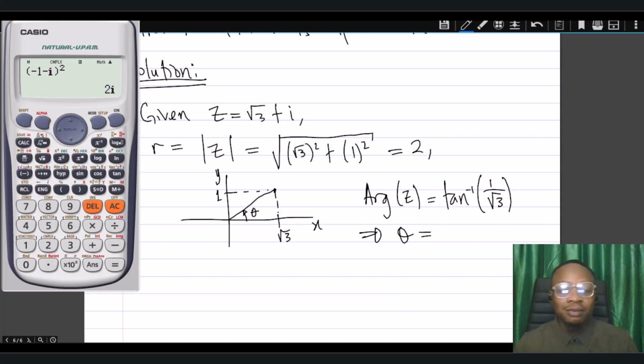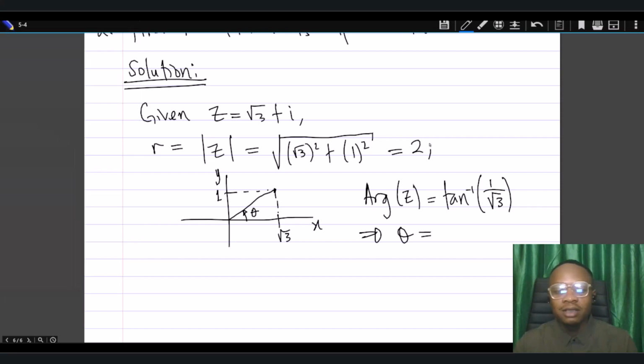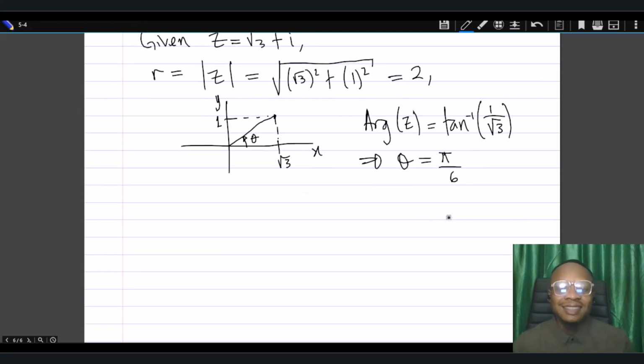That should be 30 degrees or 60 degrees, I don't know. So this is tan inverse of 1 divided by root 3. We close this off, and this is pi over 6. So that's 30 degrees. So we have theta equal to pi over 6. So it's as easy as that.